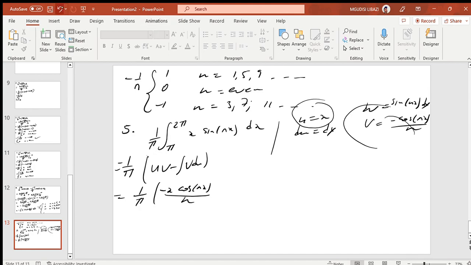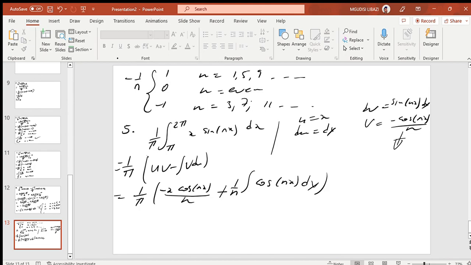So we say now minus the integral of v du, and our v is actually negative cosine of nx, so taking the negative sign outside is going to make a plus here. If we take out 1 over n also, we'll be left with cosine of nx dx to simplify.